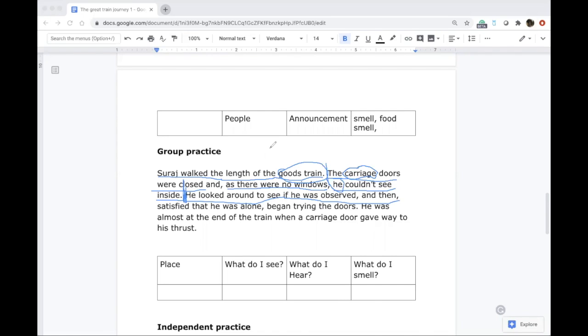He looked around to see if he was observed. Come closer to the phone. What do you think is the pronunciation of this word?